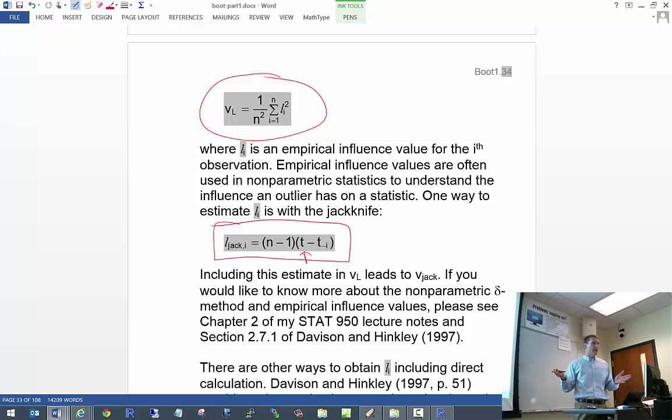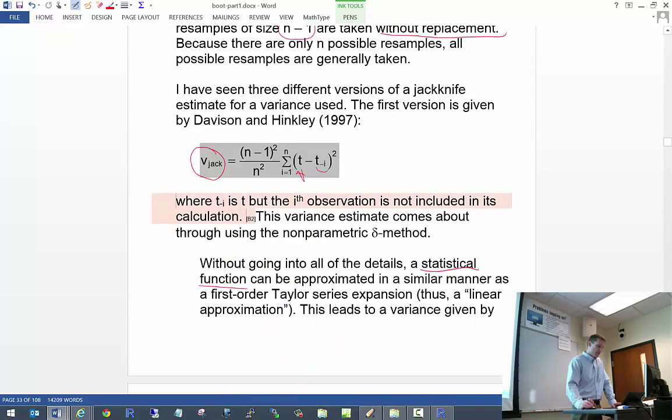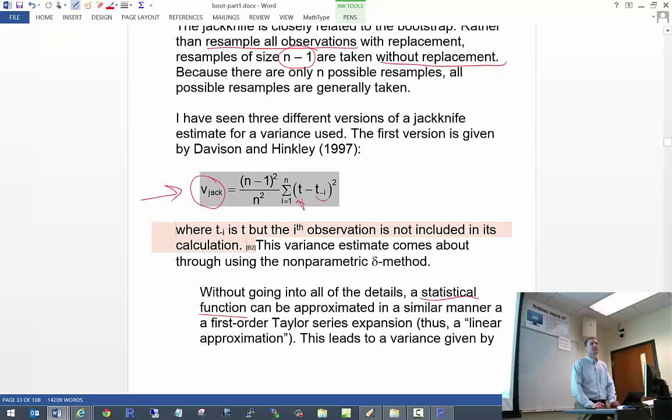Is everyone clear on that? Then we weight that by n minus 1, how many observations are going into the jackknife portion of it. So this is a jackknife estimate of the influence a particular observation has on the statistic. Once we have that, we can put it in there, and that's how we get VJack.